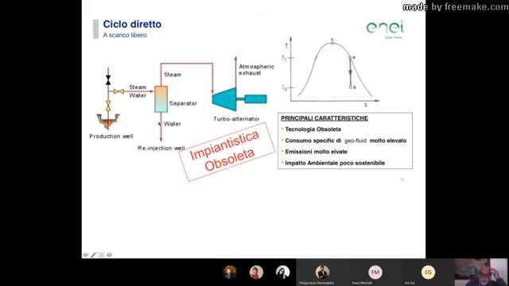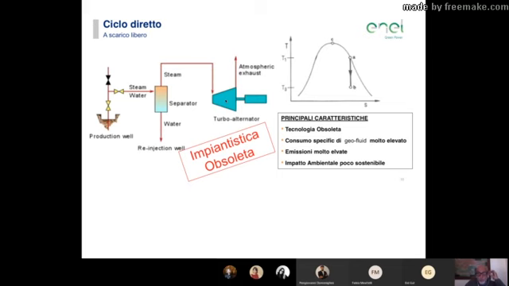Once you are at the surface, you have a separator that separates the water that goes to an injection well back. The hot water goes back into the geothermal system, and the steam is brought to the turbine, which usually is located very close to the well.